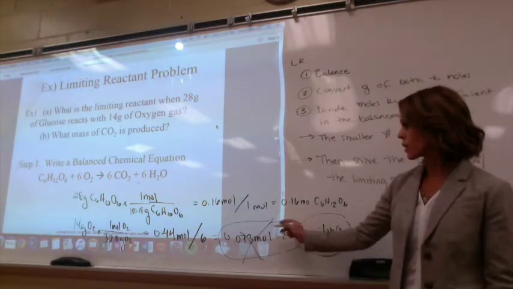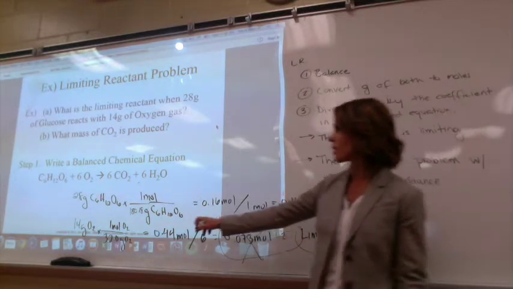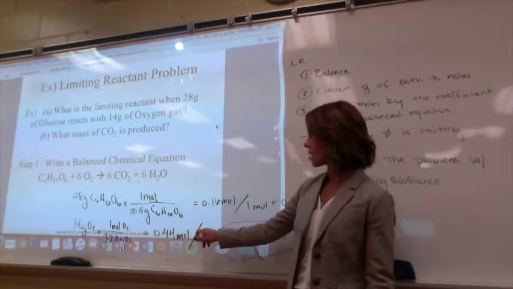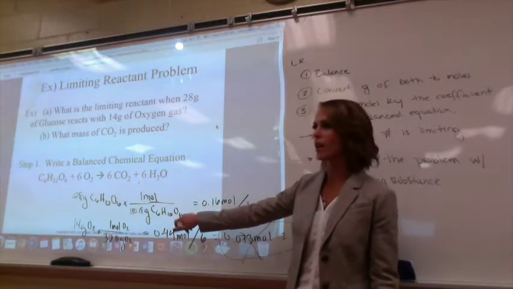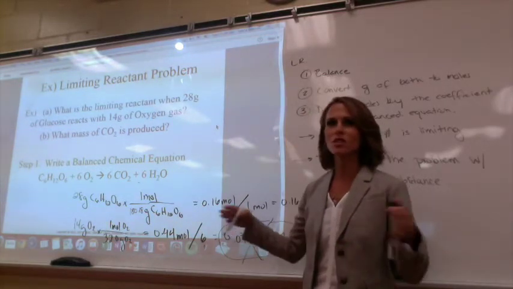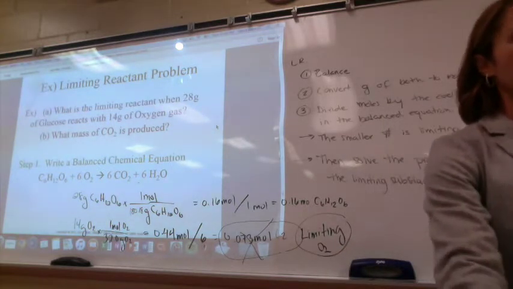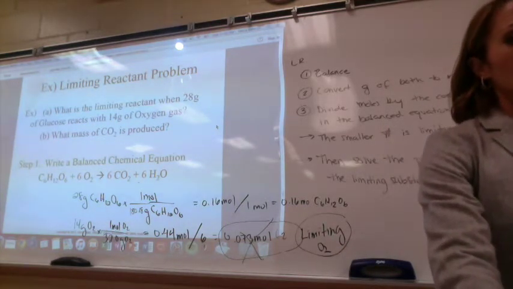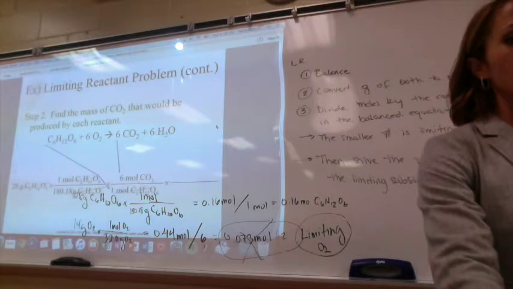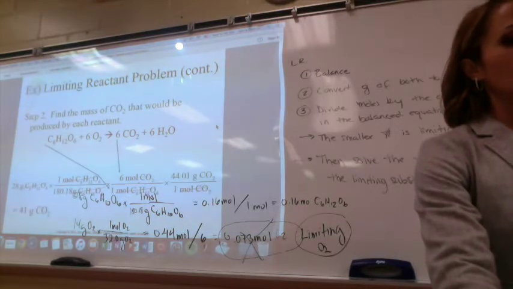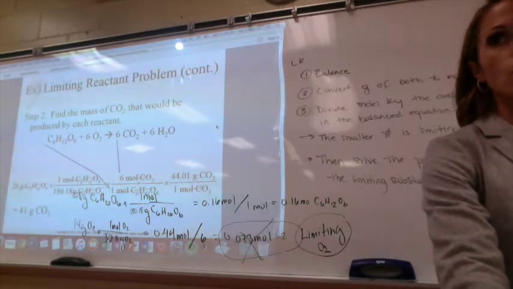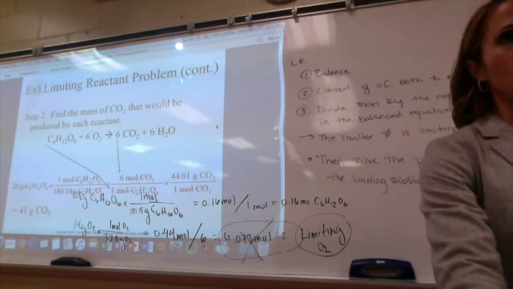Now, those of you who are smart enough can recognize that this is the stoichiometry to go from moles and 6 here, then you can go and continue the problem on. But sometimes that just gets confusing. So just start the problem with the limiting reactant. So now we're going to try it. This is how you would have done it if you didn't do it with me. You would have done this whole stoichiometry problem out and you would have gotten 41 grams of CO2.